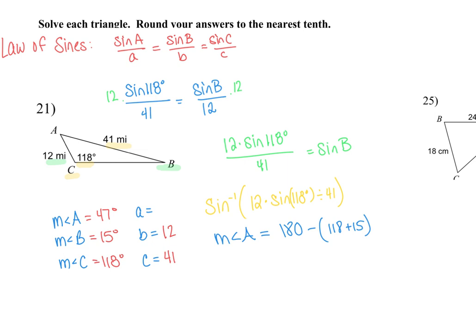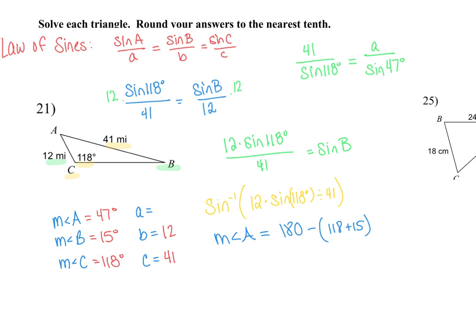All right. I'm going to say side c, which is 41, over the sine of C, which is 118, equals side a, which I do not know, over the sine of A, which now I know. All right. The reason I put that on top is because it's easier to solve for what's on top.